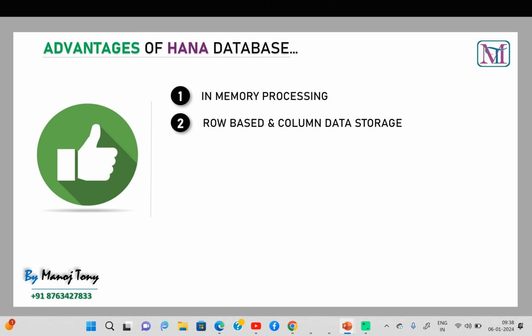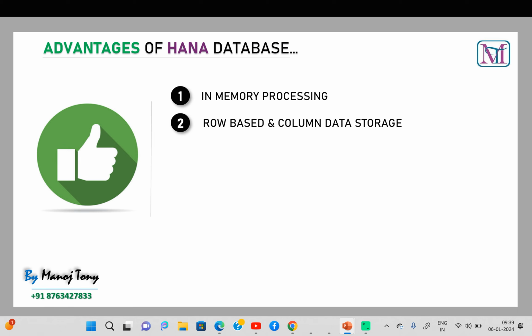Whenever we save a transaction, row-based will be faster. Whenever we save the data, row-based will be faster, and whenever we extract the data, column-based will be faster.